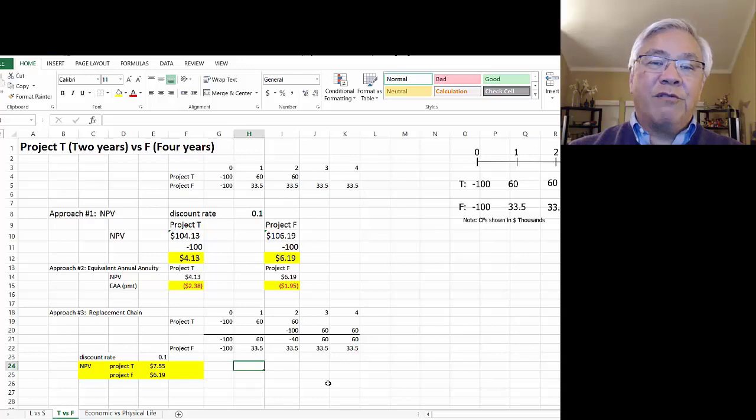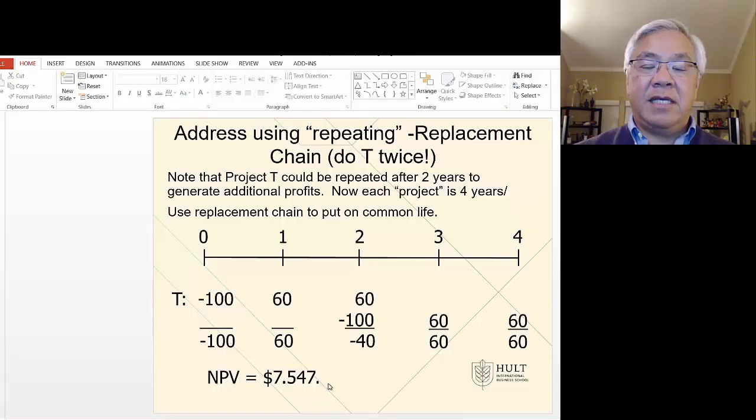However, it's just over too quickly. The EAA shows that by saying what's the equivalent annual annuity, and this idea of replacement chain also shows that we're better off with 2 sequences of project T rather than one sequence of project F. That is replacement chain.